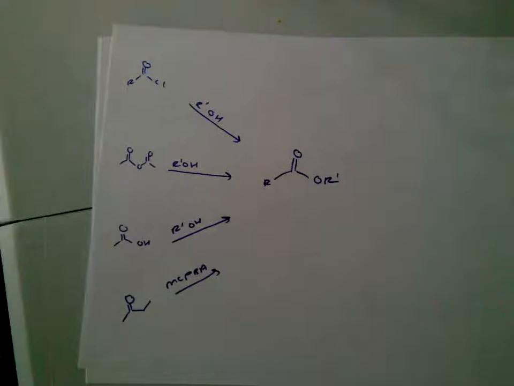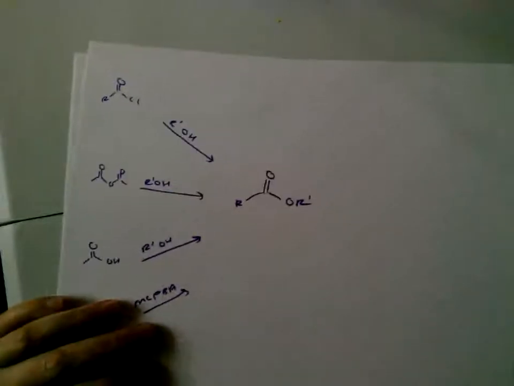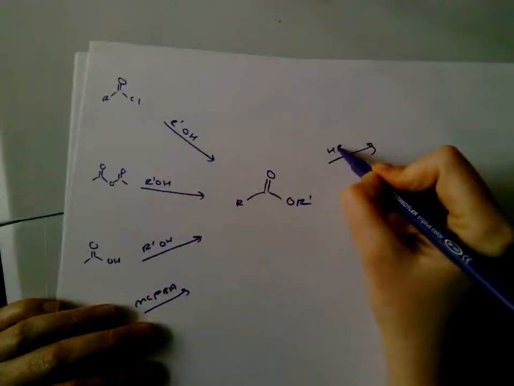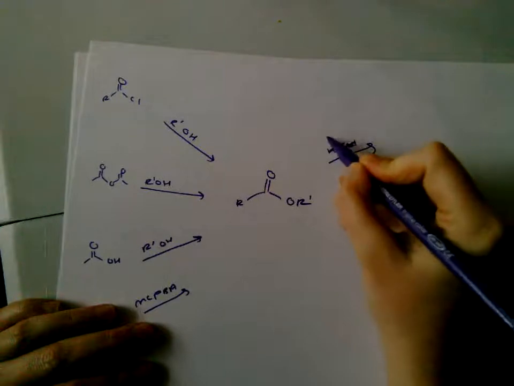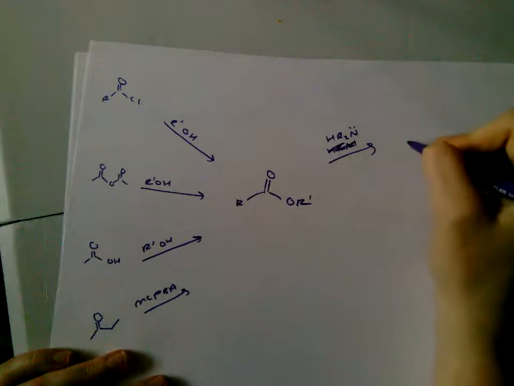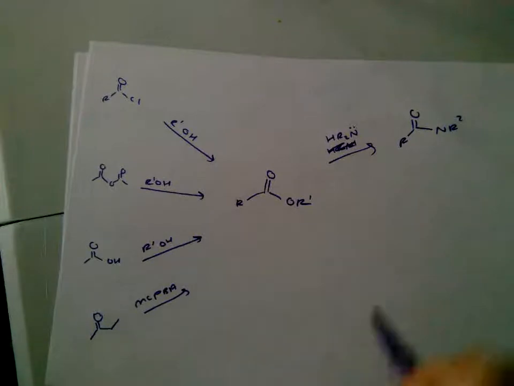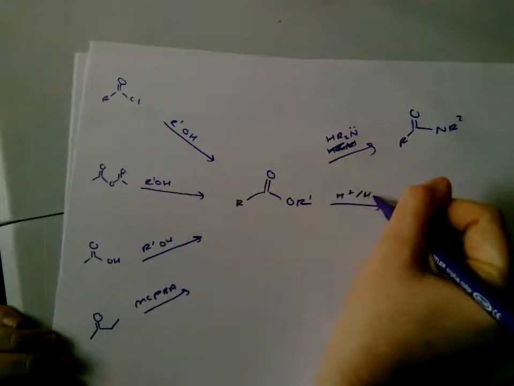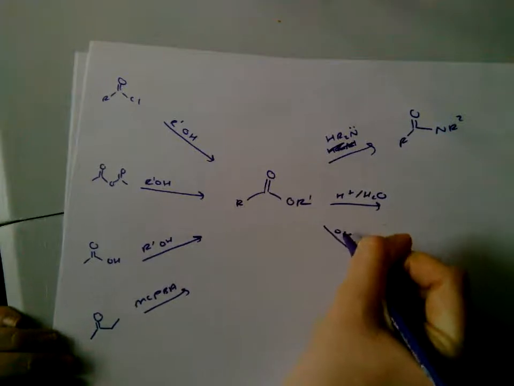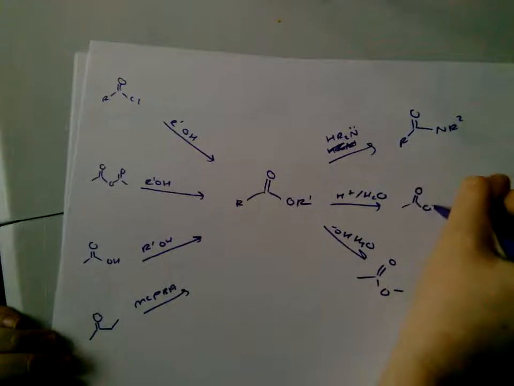And because there's only one other thing on the list here, the only other carboxylic acid derivative we can easily turn this into is an amide. So if you react this with HR2N or any amine with at least one hydrogen, you'll get your amide. And then you can do the same thing if you do H plus in water, or if you do OH minus in water, you will get O minus, or you'll get your carboxylic acid.